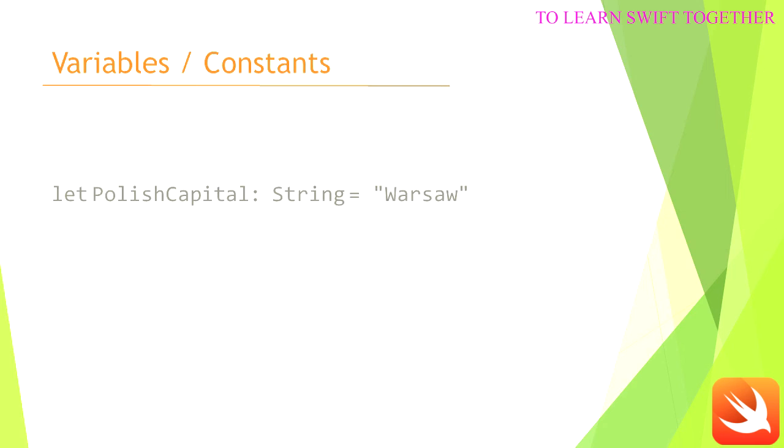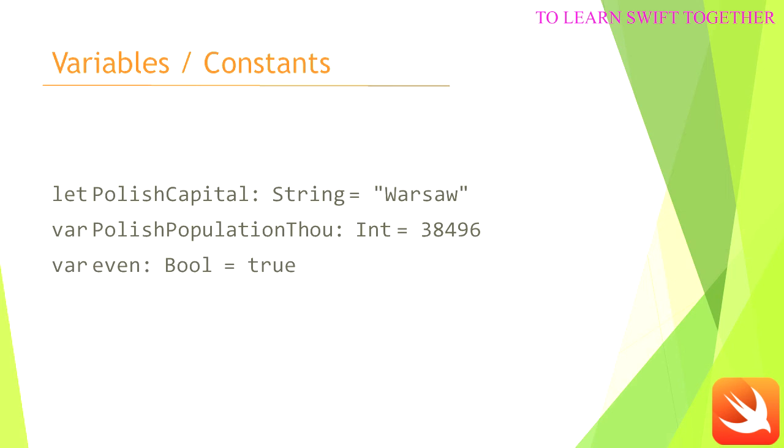Now let's look at several additional examples of declarations of variables and constants in Swift. Here we can see the following declarations: a constant, that is the capital of Poland; a variable, that is the population of Poland in thousands; and a logical variable, that is an even number, and again the pi constant.